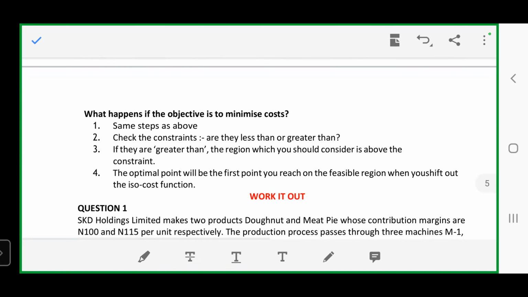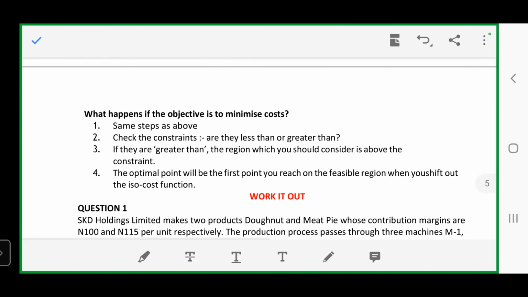Let us note that we follow the same steps as what we have done. Then we check the constraints. Are they less than or greater than? Because in minimization, we will need to check the cost. Are you reducing the cost or are you maximizing the contribution?